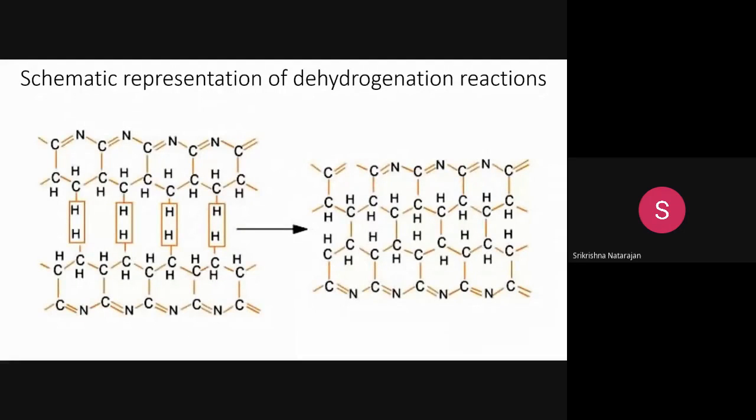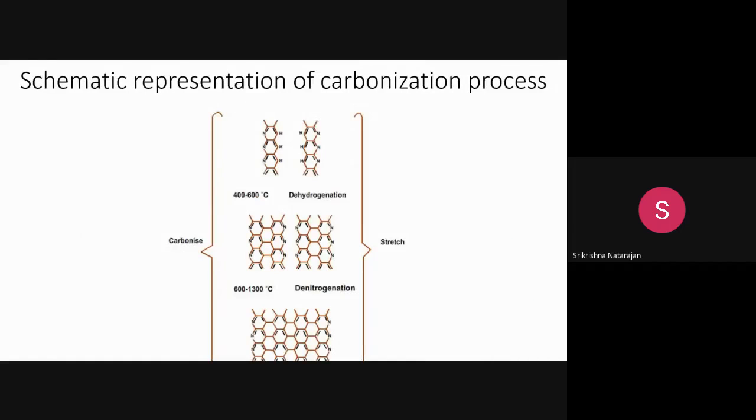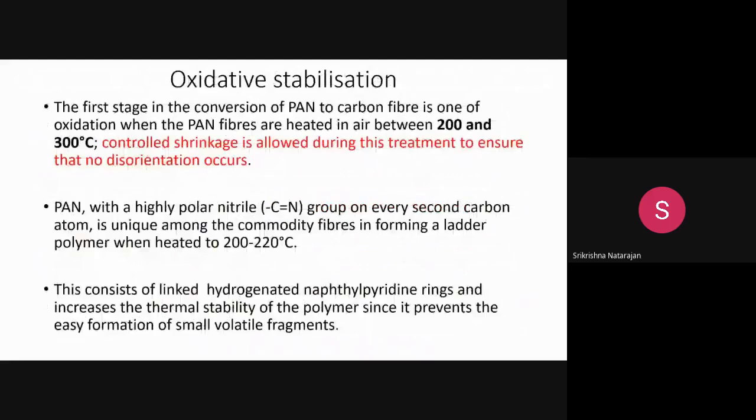One by one, all the elements, whatever you're heating to high temperature, finally you need only the carbon. You want the rest of the elements or atoms, like hydrogen and nitrogen, to get removed.